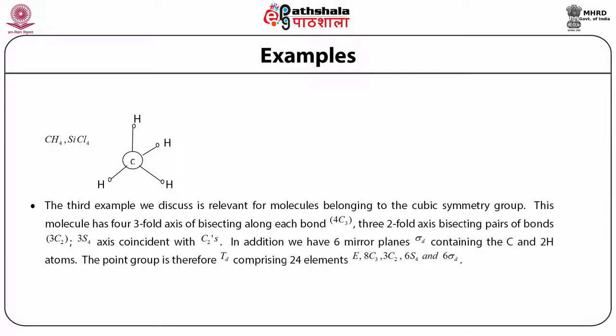The point group is therefore the group TD comprising 24 elements: the identity, 8 threefold rotations, 3 twofold rotations, 6 improper rotations, and 6 mirror symmetries along the plane sigma d.